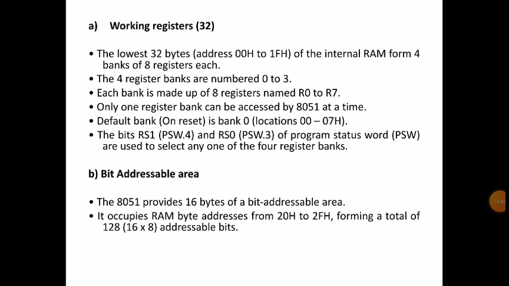It occupies RAM byte addresses from 20 to 2FH, forming a total of 128 addressable bits. 16 bytes of memory location are totally bit addressable, so we can calculate in number of bits also. So 16 into 8 is 128 bit addressable.